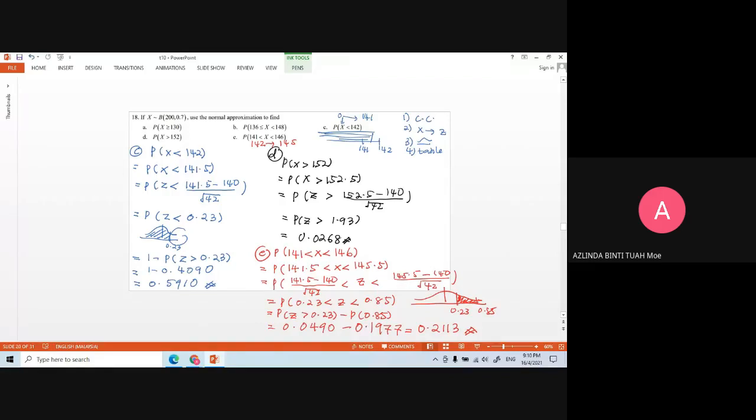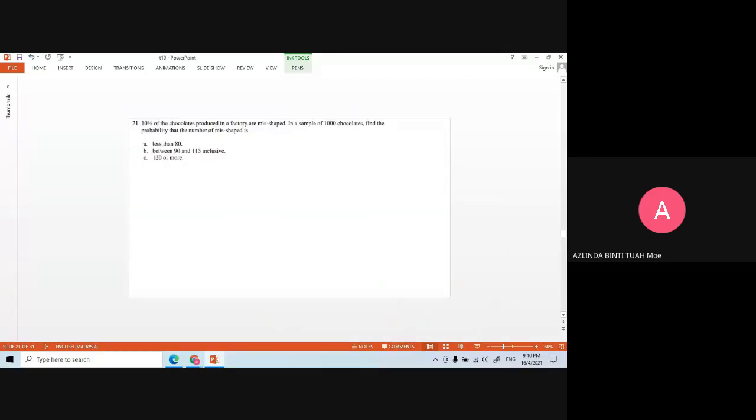Okay, proceed to number 21. 10% of chocolates produced in a factory are misshaped. In a sample of 1,000 chocolates, find the probability that the number of misshaped is less than 80, between 90 and 115 inclusive, 120 or more.